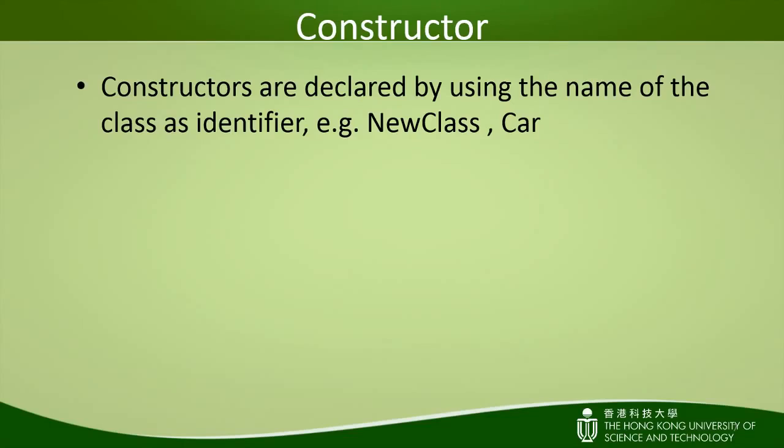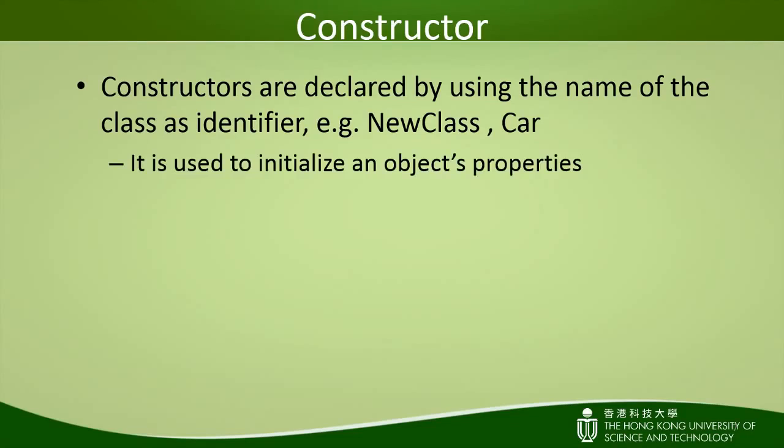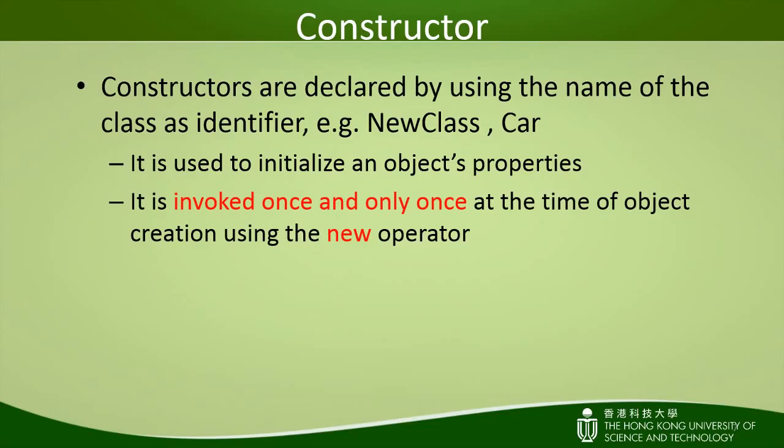In this example, the class name NewClass is used as the name of the constructor. Constructors are used to initialize an object's properties or fields. It is invoked once and only once at the time of object creation by using the new operator, and it has no return type. I'll talk more about return types later.